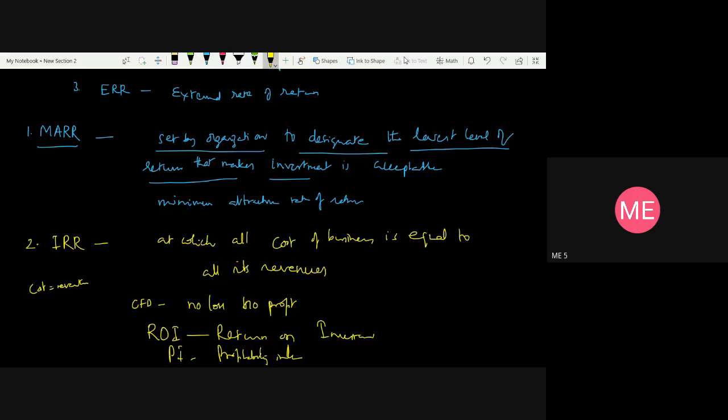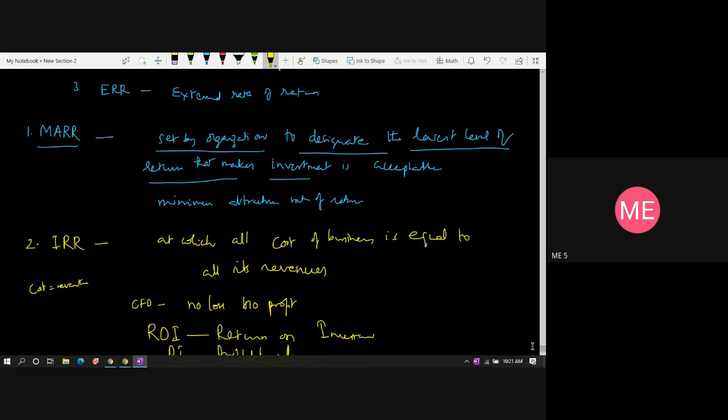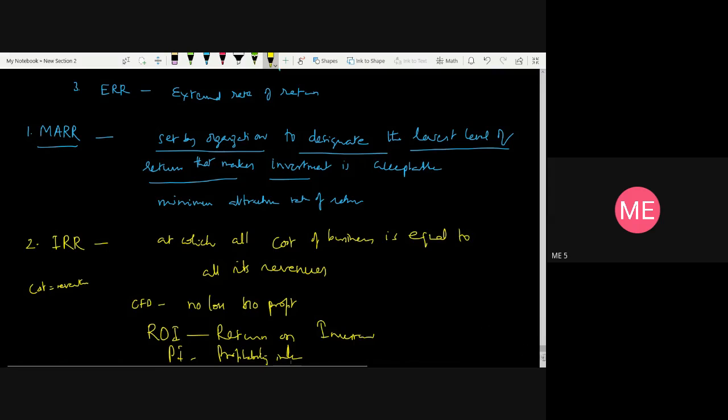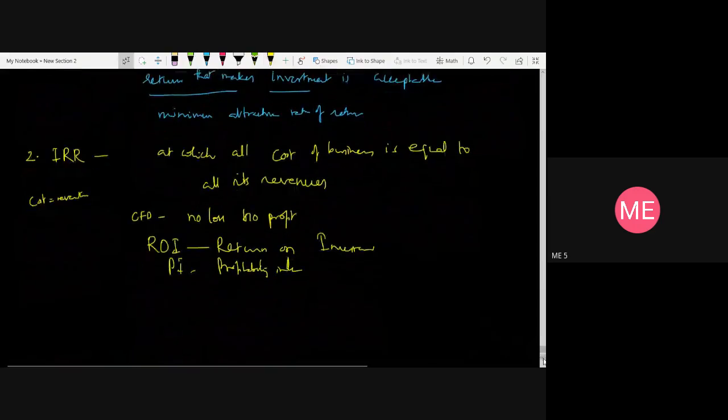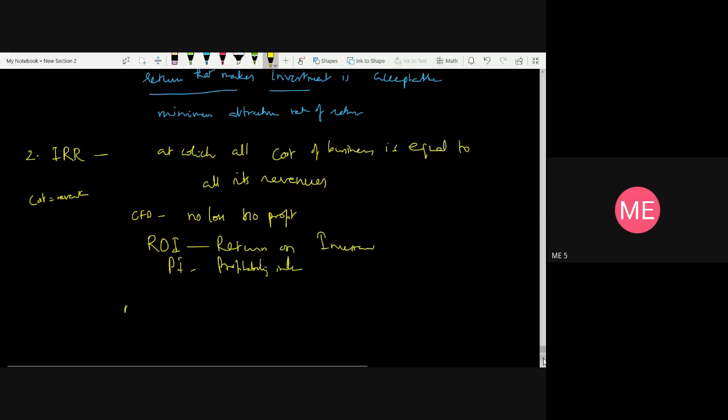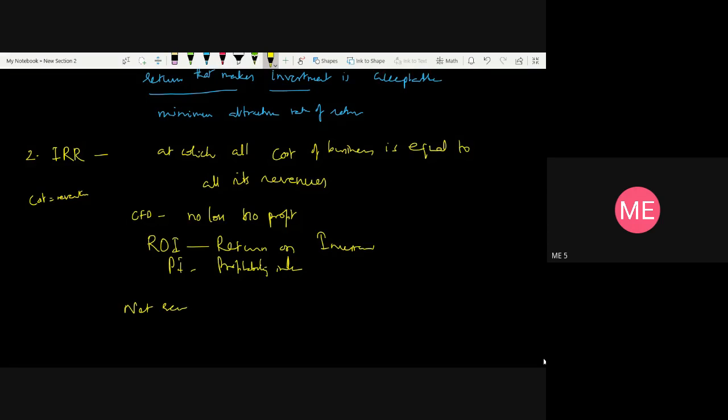So if I want to find out the internal rate of return, how are we going to find it? We can easily find it by using an equation. Net worth, meaning net revenues minus net costs, equals zero. Or present worth of revenues minus present worth of costs equals zero, because that is the definition: the rate at which all the costs are equal to revenues, meaning the difference is zero.